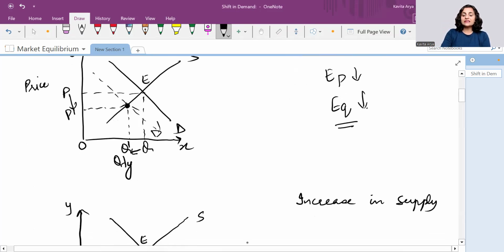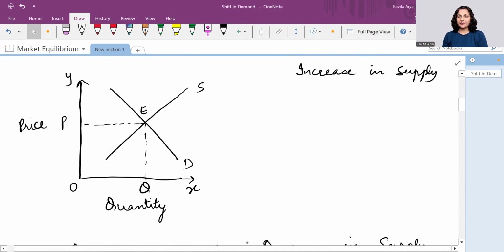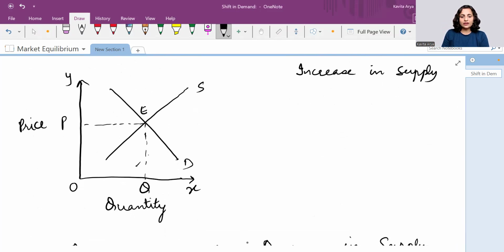So let's now understand the next case, when it is a case of increase in supply. Increase in supply would be showcased by a rightward shift of the supply. Here in this case, the supply curve has shifted rightwards, and the demand remains the same as it was.